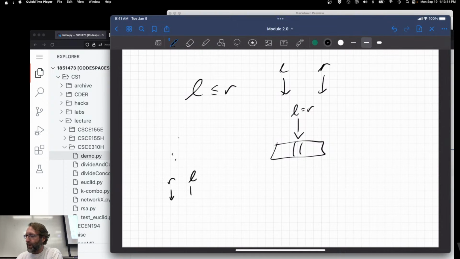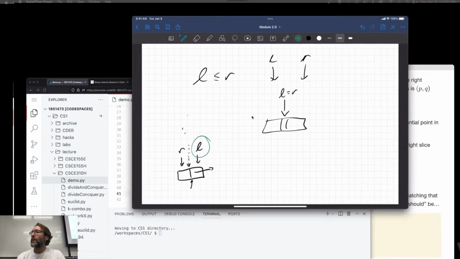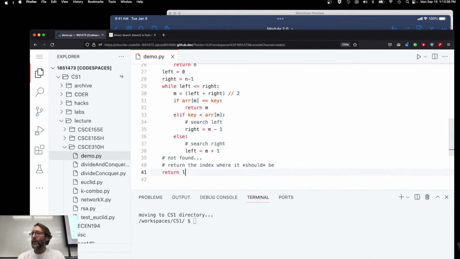When left is bigger, in fact, they're right next to each other. Okay? So where does it belong? Between, so right here. This one should move down, right? And we should make room for it by inserting it right here. What index is that? Left. So return left.